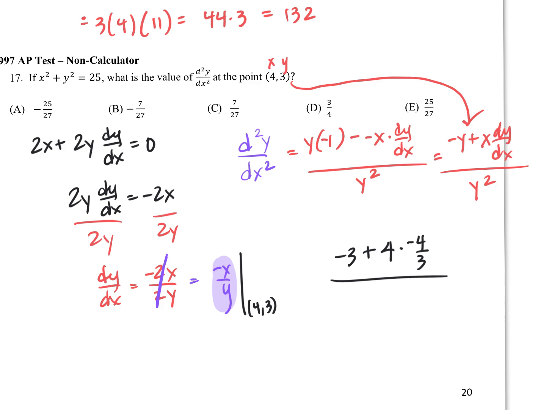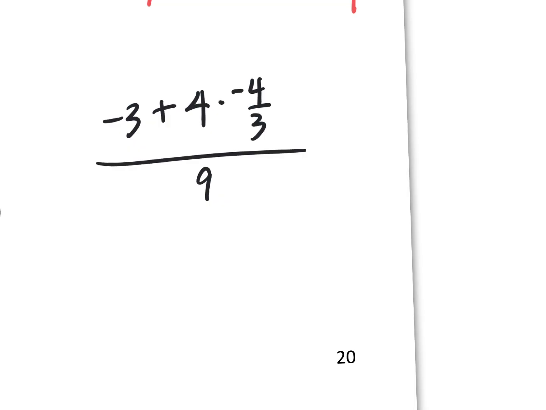This is kind of like the amount of algebra that the formative made you do. We have to match this to one of these answers without a calculator. PEMDAS says do all your multiplying first. This is really just 4/1, so multiply those across. 4 times negative 4/3 is negative 16/3, divided by 9. Without a calculator, I'm just going to focus on this numerator.